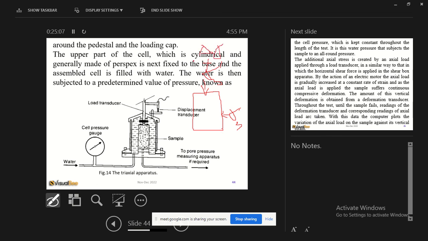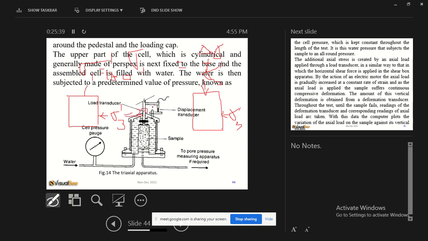So once you apply delta sigma, this becomes sigma 1, and this sigma 3 remains. All right, because remember, the theory is that this is sigma 1, which can be 100, and this is sigma 3, which can be, say, 50 or 30.